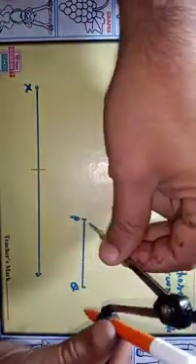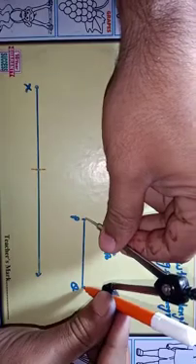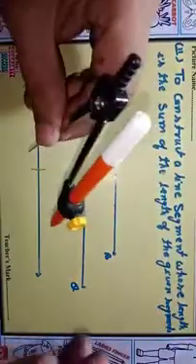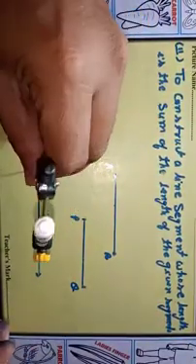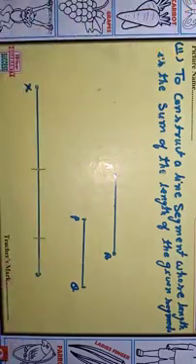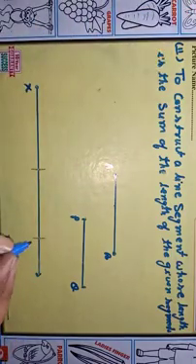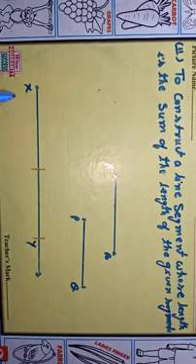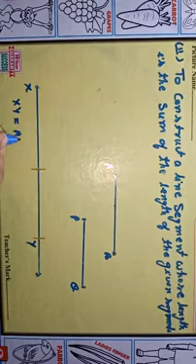Now again measure the line segment PQ and cut it after AB. Now this point becomes Y, where XY is equal to the sum of AB plus PQ.